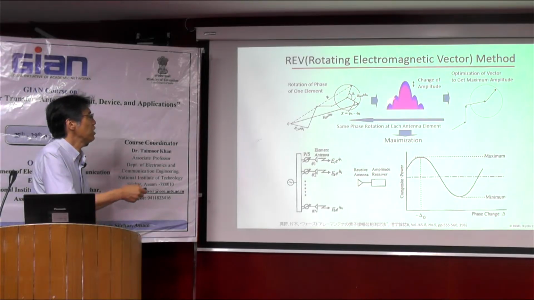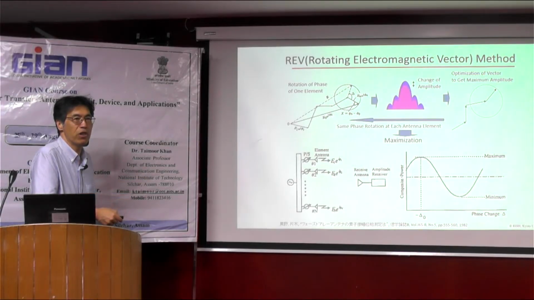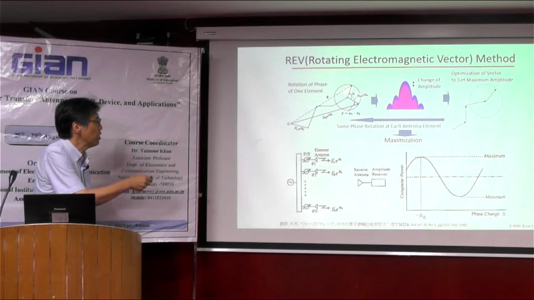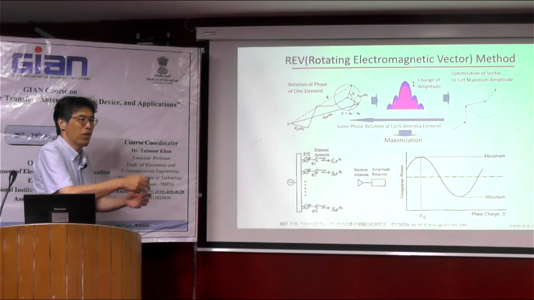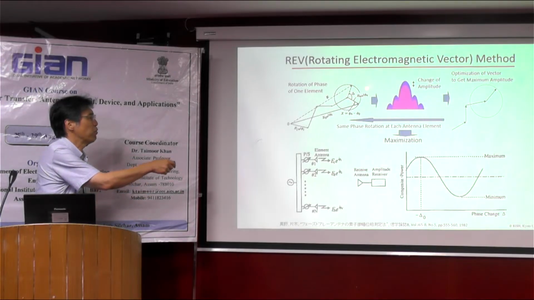And in this case, in each antenna element, they rotate the phase from 0 to 360 degrees. And when we rotate the phase in one antenna, we find one best solution to increase the received power.